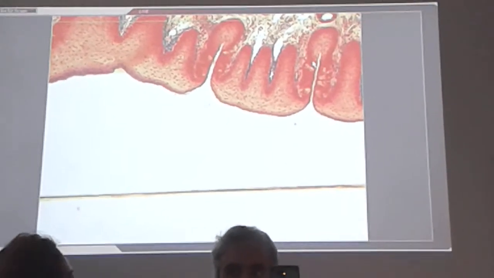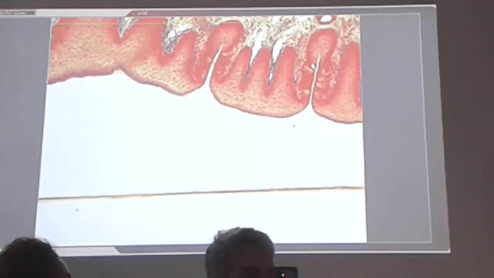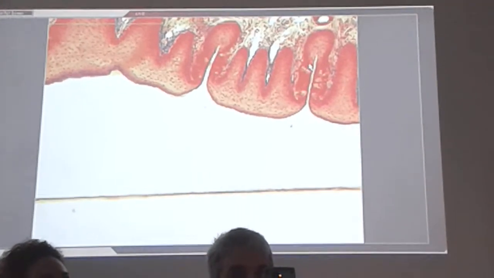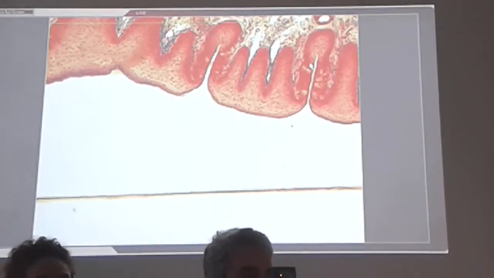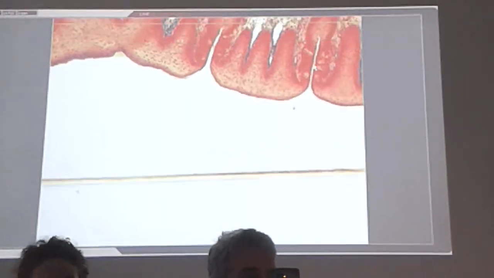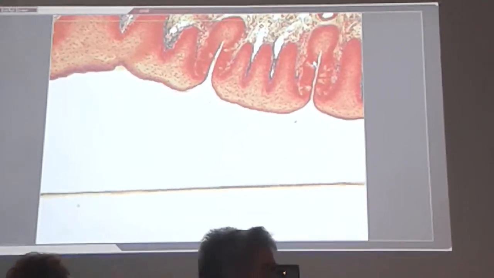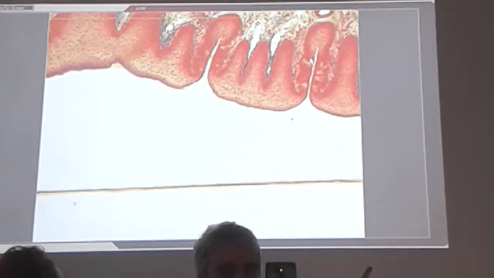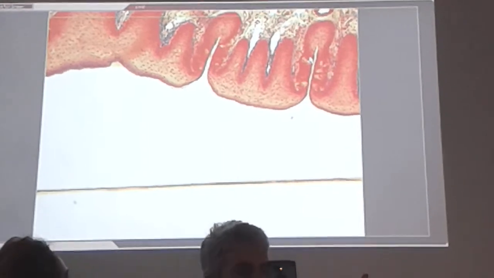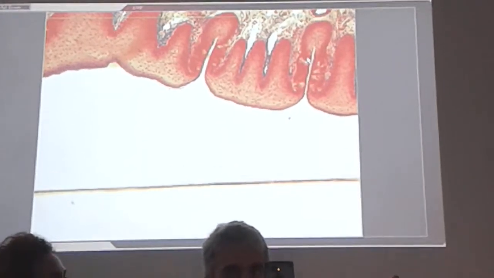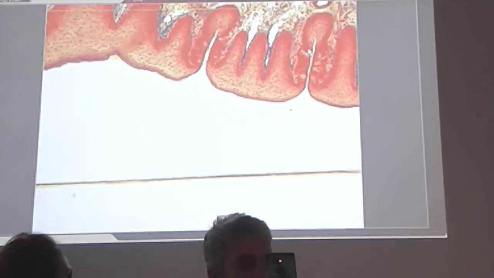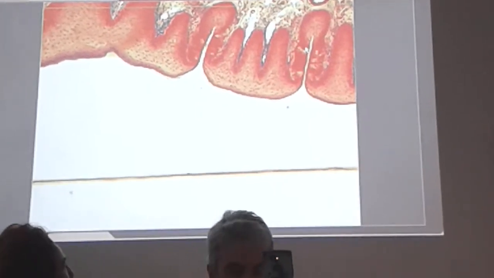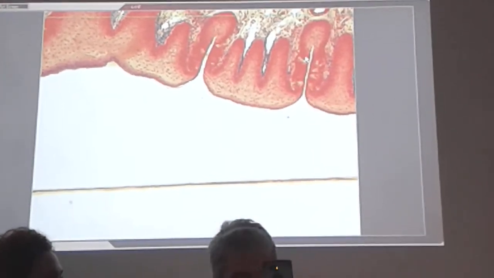You should remember from last year, a neuroepithelium type rests here, which we call the taste buds. That's why our first preparation is named the taste buds. Here are the taste buds. They are resting in the sulci.